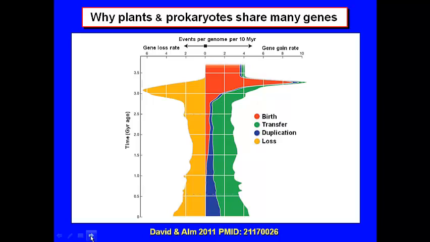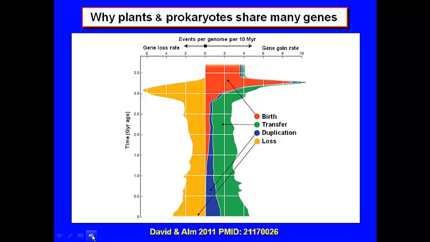And when you look at this picture, there's this huge explosion of the invention of new genes about 3.2 billion years ago. After that, the rate of invention of new genes really falls off. And the processes that take over are transfer, duplication, and loss, which has been going on all the time.